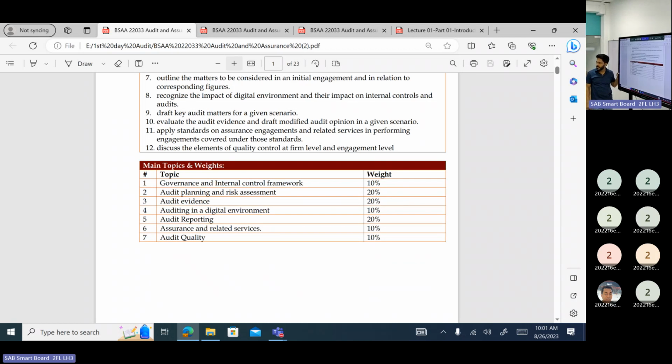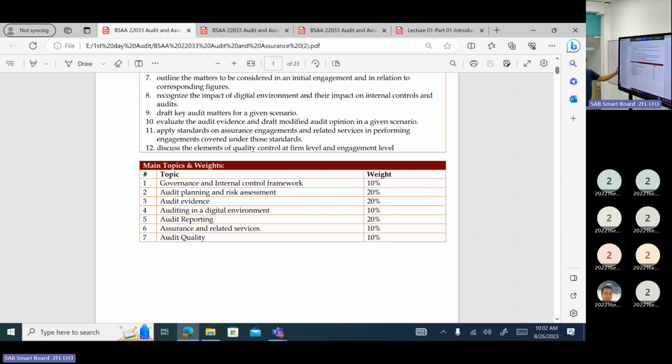As I said, we should learn this subject in one go, as a kind of work allocation. We have 7 topics, right? Don't take them as separate topics. We can't draw a straight line between these areas. So firstly, we are focusing on governance and internal control. That is a relevant thing. How can we relate that?